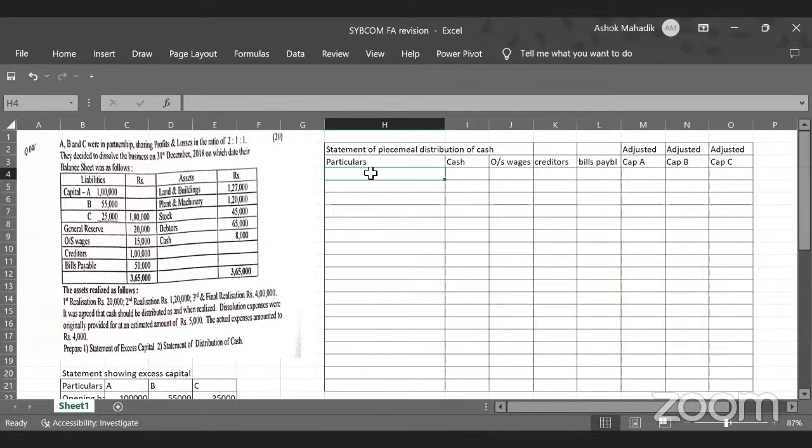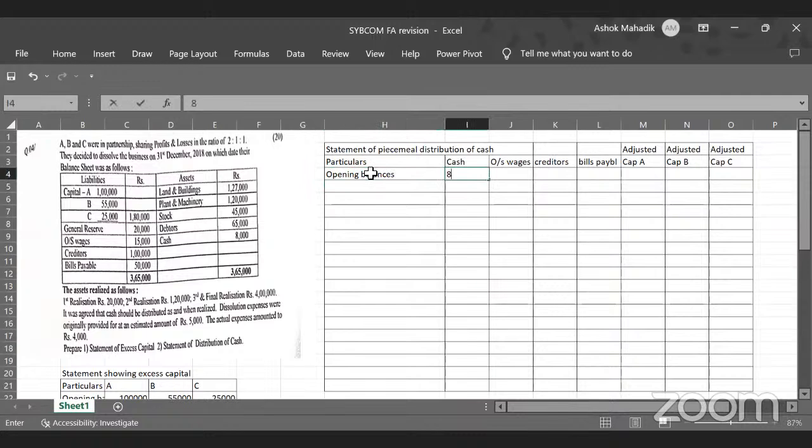This will have at least 10 to 12 marks minimum. Now, very first thing you will do by solving this is write opening balances.